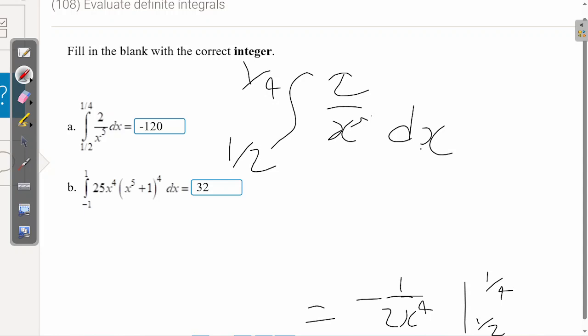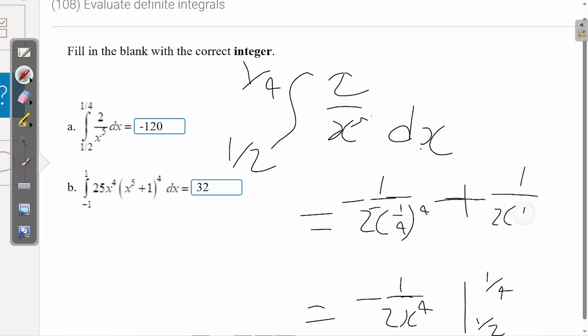Now we can solve this. It will be negative 1 over 2 times 1 over 4 power 4 minus negative, it will be positive 1 over 2 times 1 over 2 squared. And what will you get?